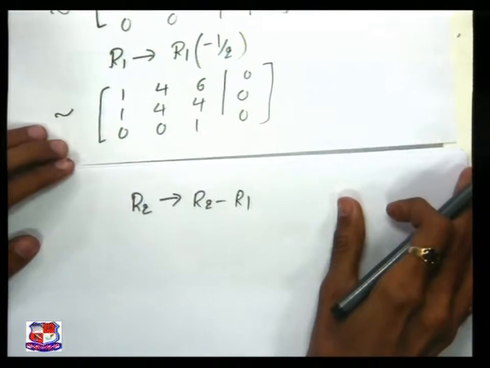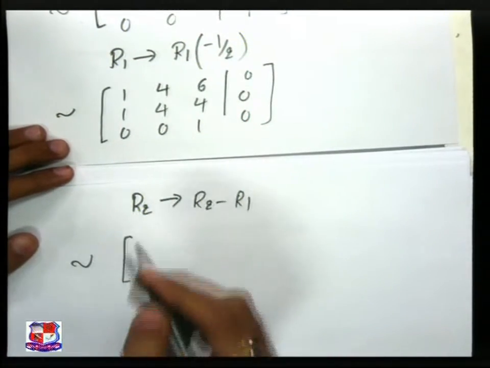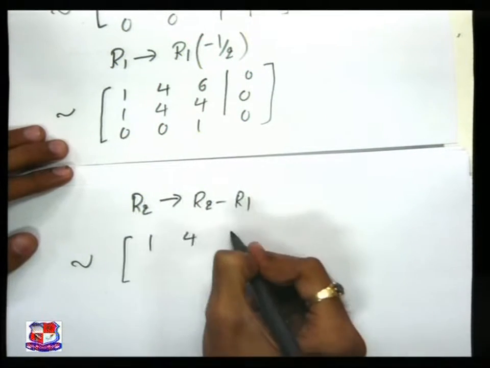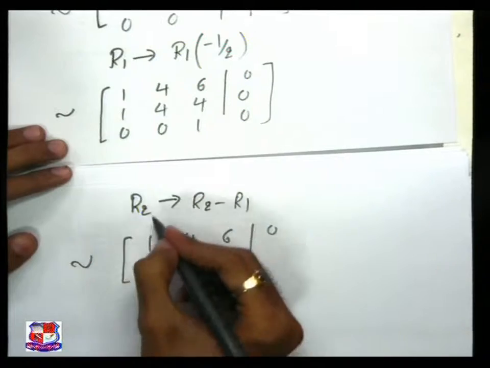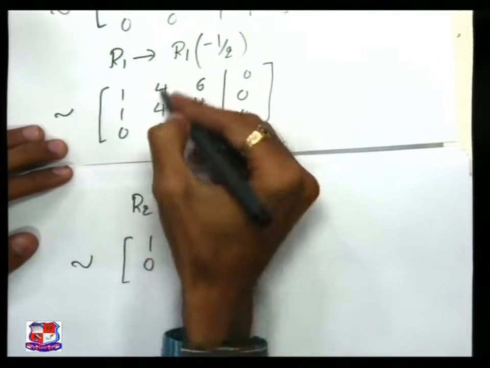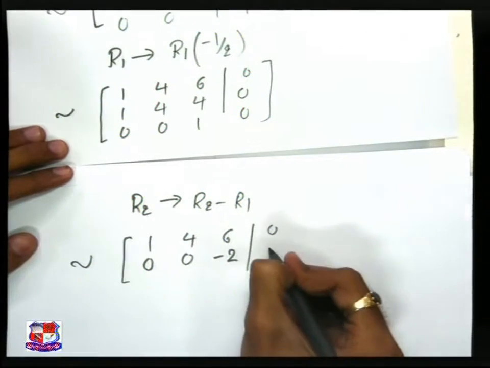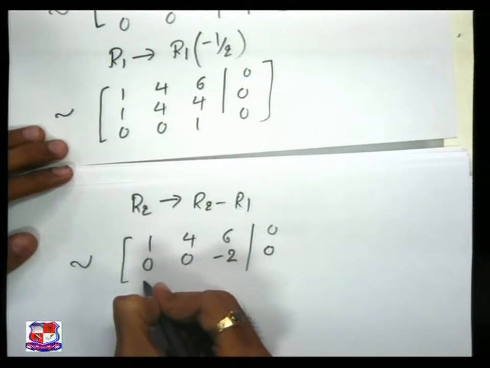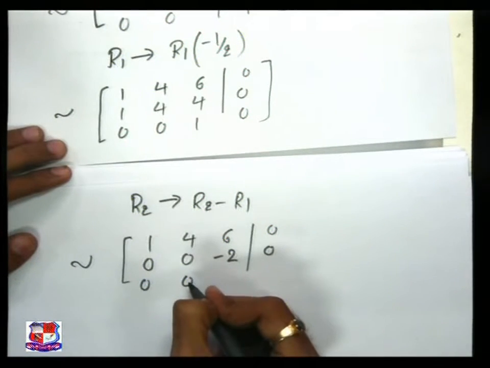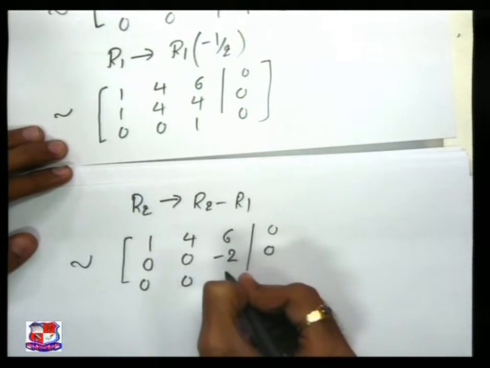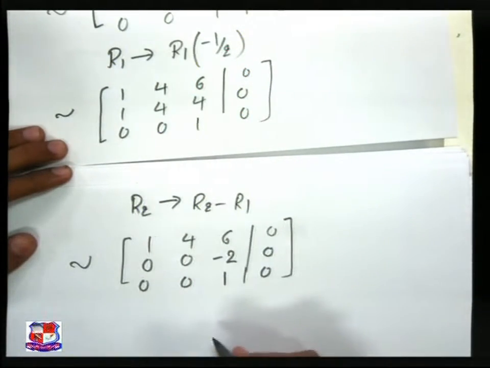If I do this, the first row is the same, 1, 4, 6, 0. The second row will be 1 minus 1 is 0, 4 minus 4 is 0, 4 minus 6 is minus 2, and 0. The third row is 0, 0, 1, 0, the same.